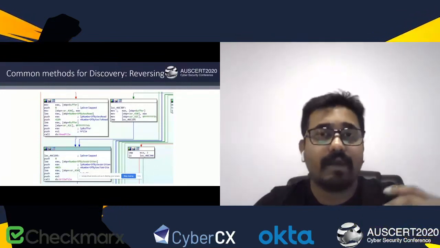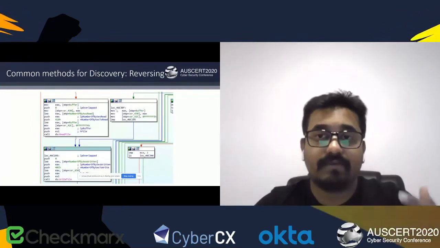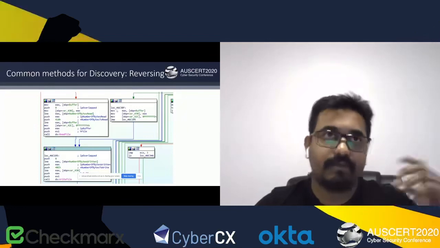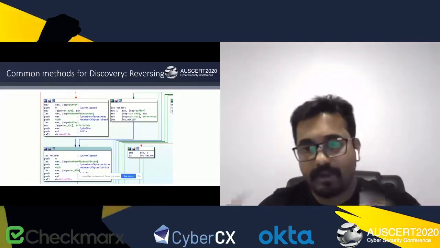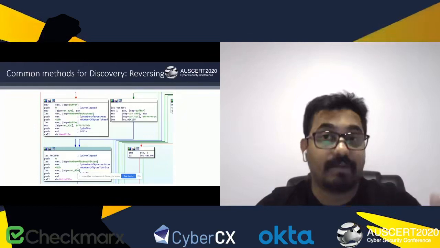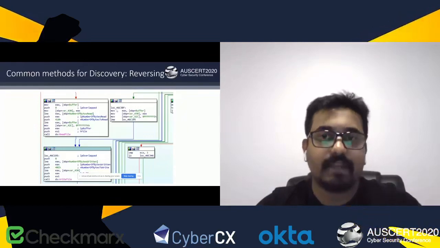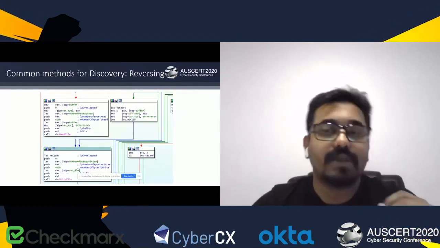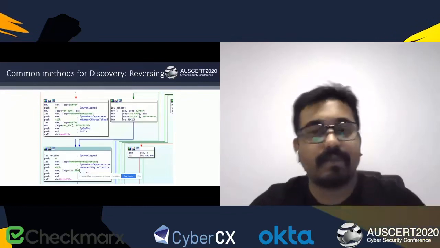WinAFL is another one which relies on reversing. You know which function you want to target, which particular offset, and that will help you find vulnerabilities faster instead of launching the whole application under some pin or something.